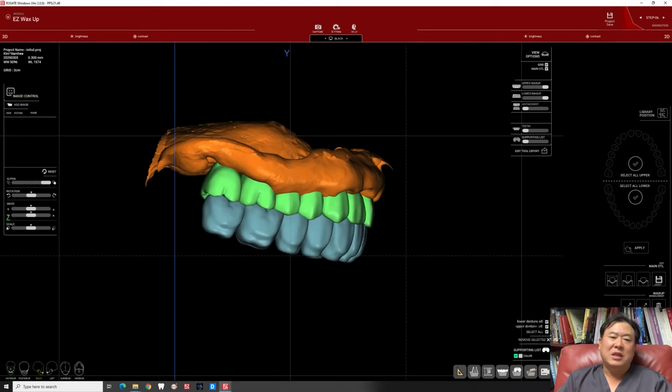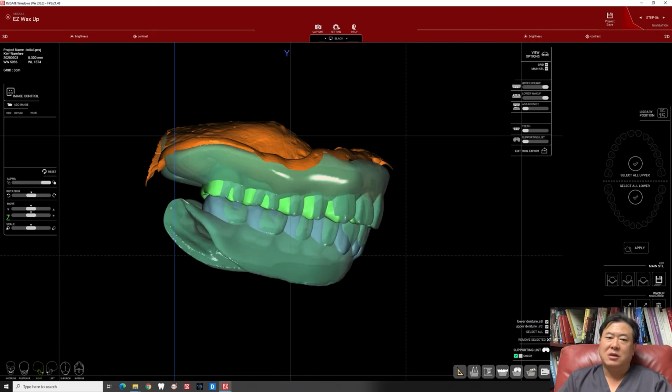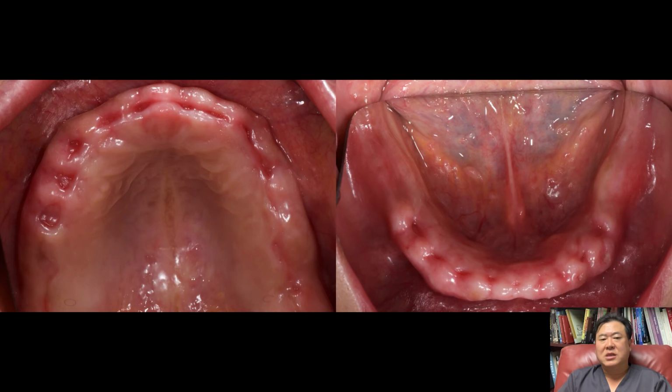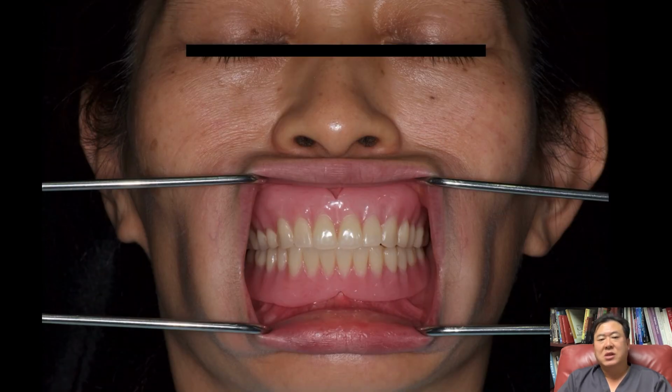So the denture teeth had to be moved to the front about 2.5 millimeters in this case. Anyway, here is the finished denture with a very nice result. All her existing teeth were extracted and the immediate denture was delivered.